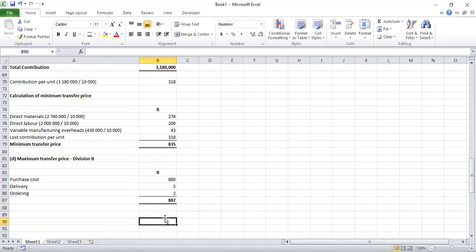So that is the maximum transfer price. Any questions? Right. So this is how we determine the minimum and the maximum transfer price.